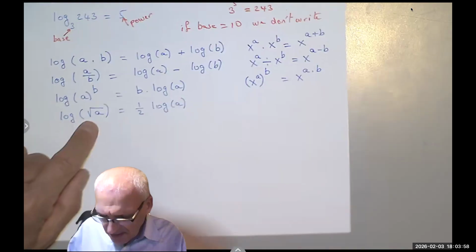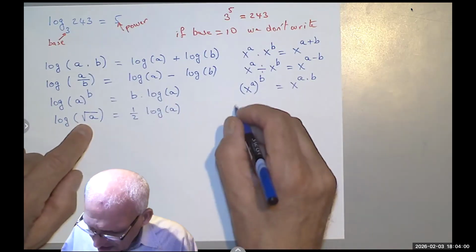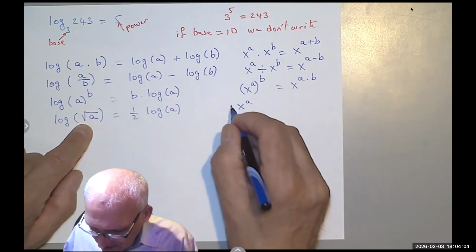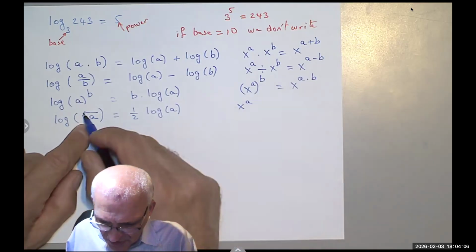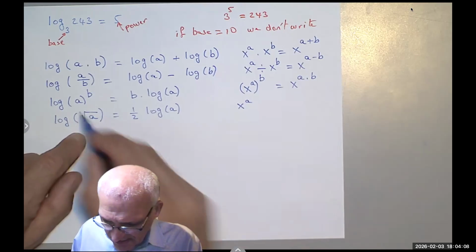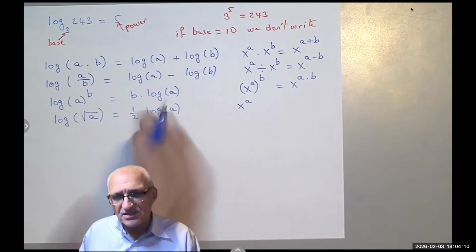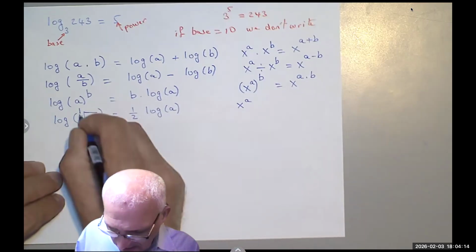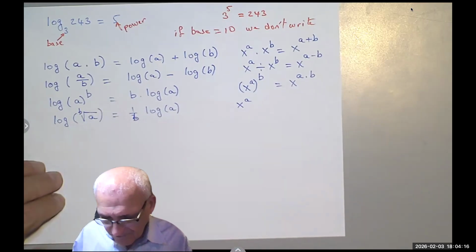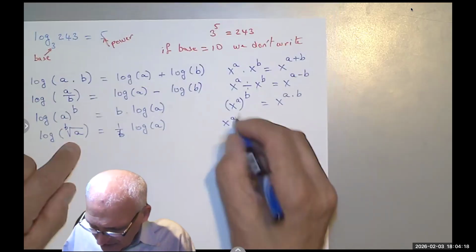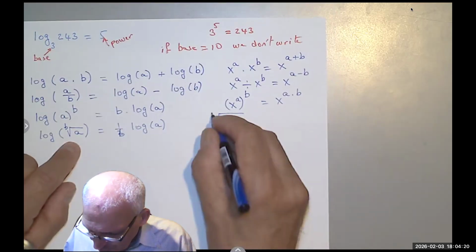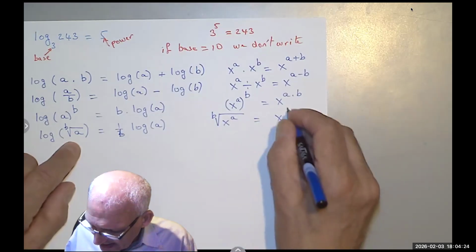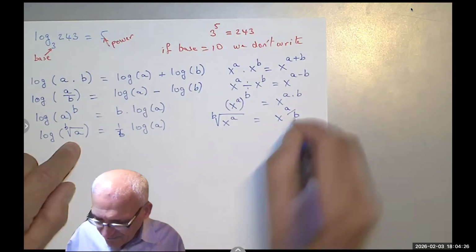Wait, what is the square? So x to the a, and I take the square root. Oh, here I take the square root. I should have said b. I don't have to make it just for square root. So let's make that b. We said x to the a, if I take the bth root of that, remember? We said that was x to the a divided by b.